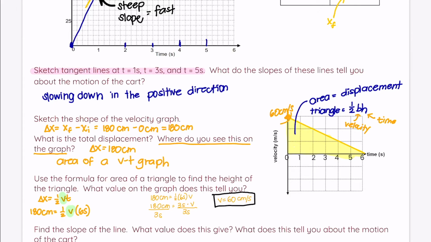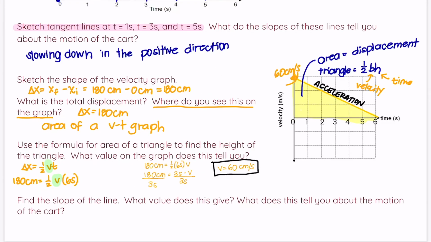All right, and so now we're going to find out what the slope is. And the slope is the acceleration. So last class we talked about how there was constant velocity, and so this would make like a rectangle shape, and now we have a changing velocity or a constant acceleration. And so our constant acceleration is just going to be A is equal to final velocity minus initial velocity over final time minus initial time.